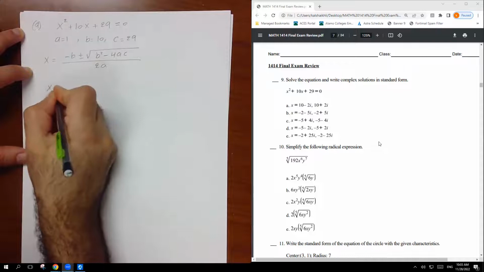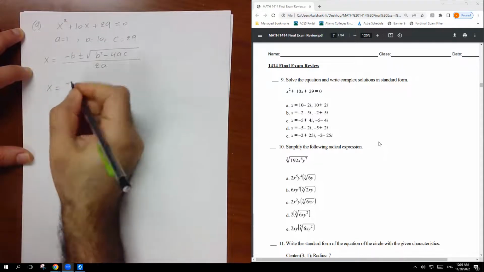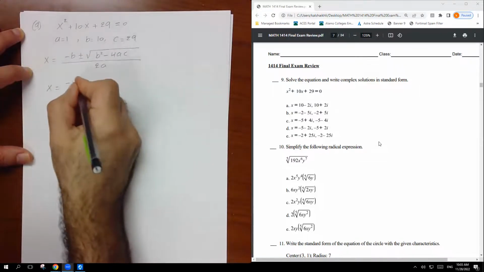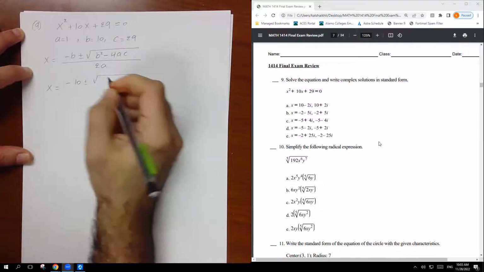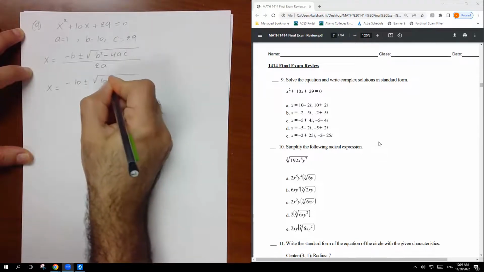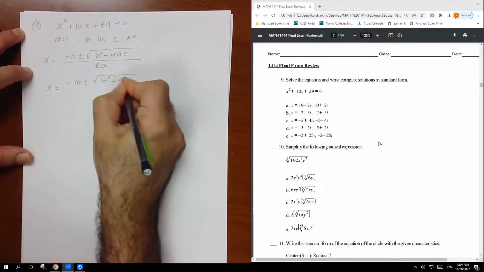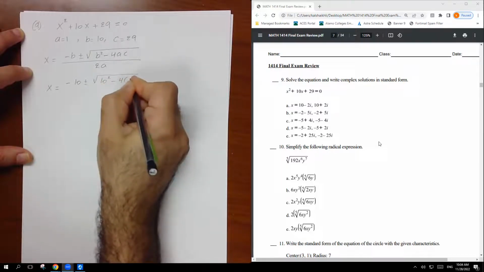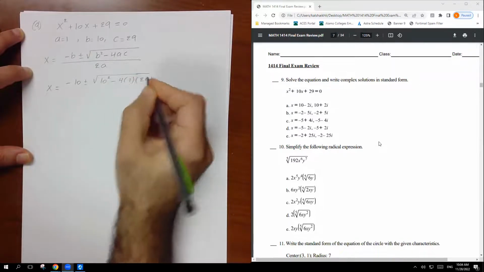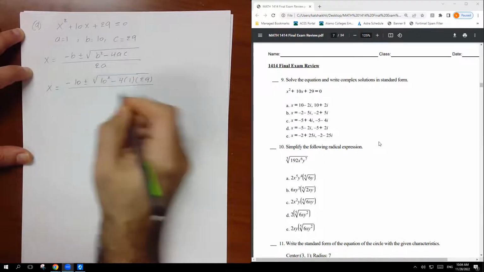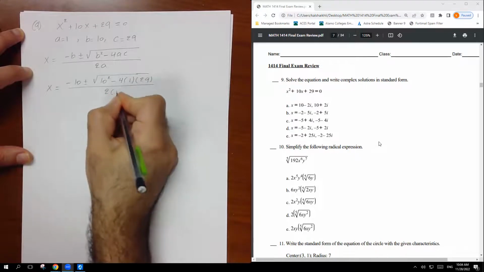So x equals negative 10 plus or minus the square root of 10 squared minus 4 times 1 times 29, and everything divided by 2 times 1.